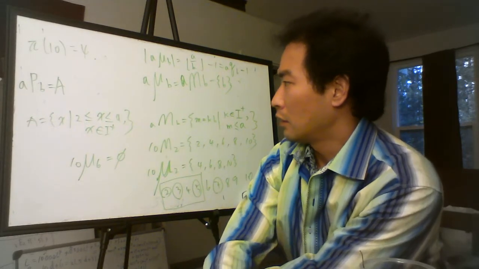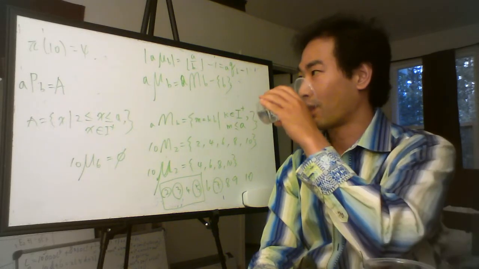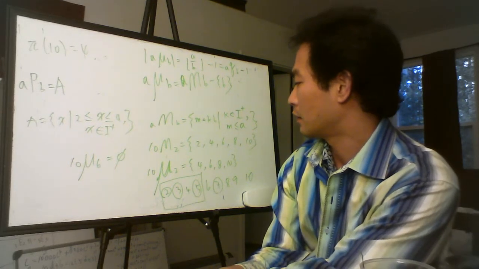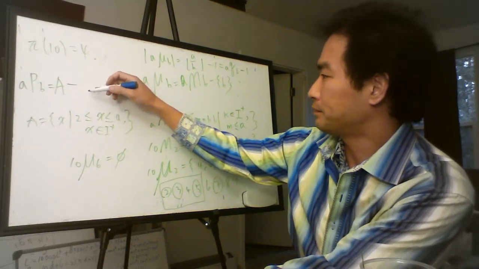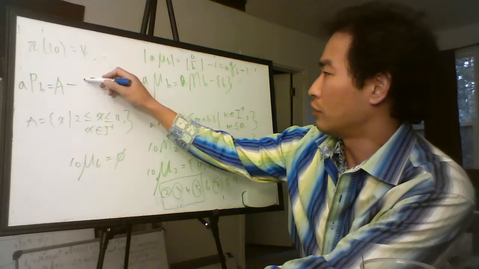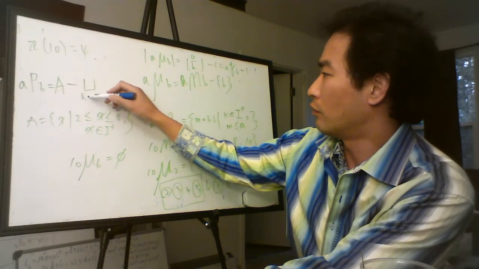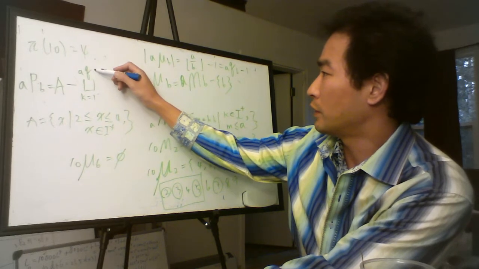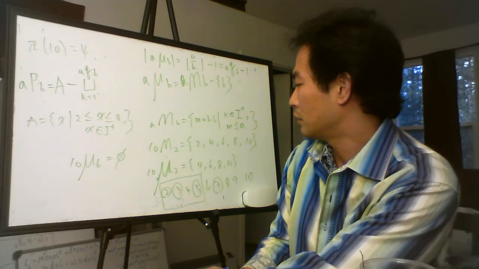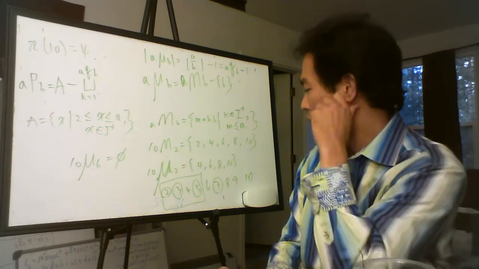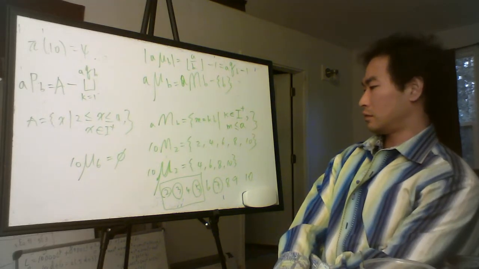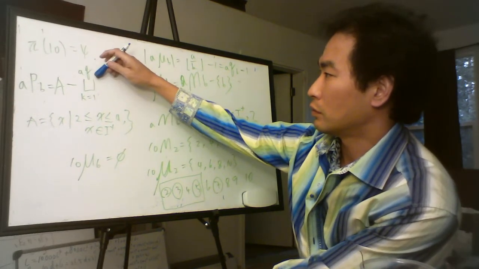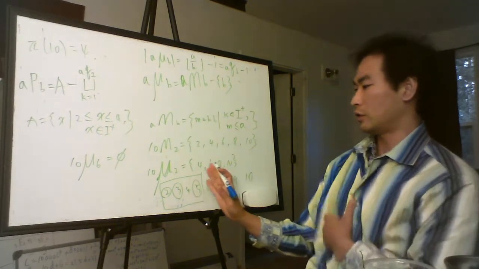Then set subtraction, then union k from 1 to a quotient 2. We only need to examine just one half.